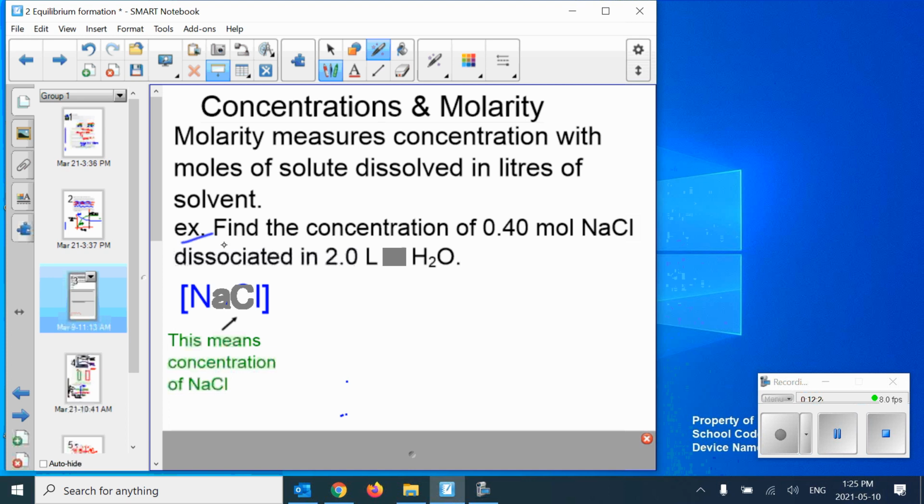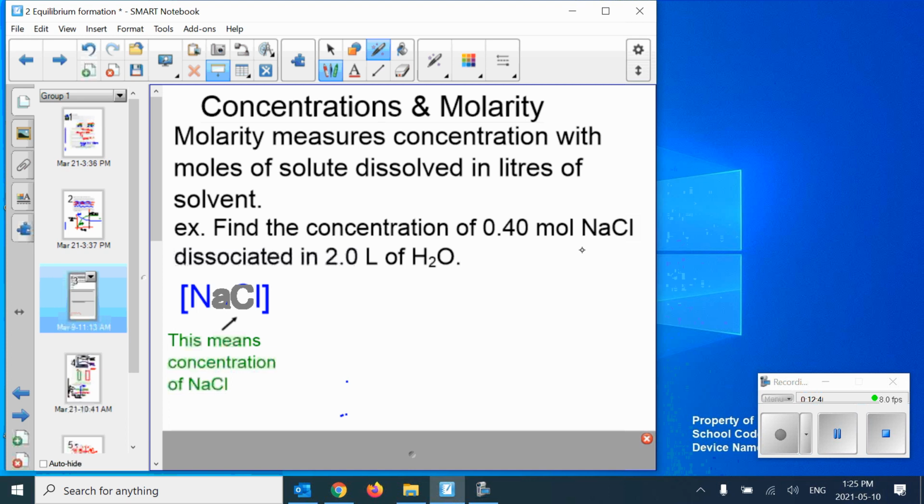So the example we're going to work through is find the concentration of 0.4 moles of sodium chloride dissociated in 2 liters of water. The word dissociated, you can almost think of it like dissolved. It means something different, though, chemistry-wise. But today, think of it as dissolved. We'll get into what that means.